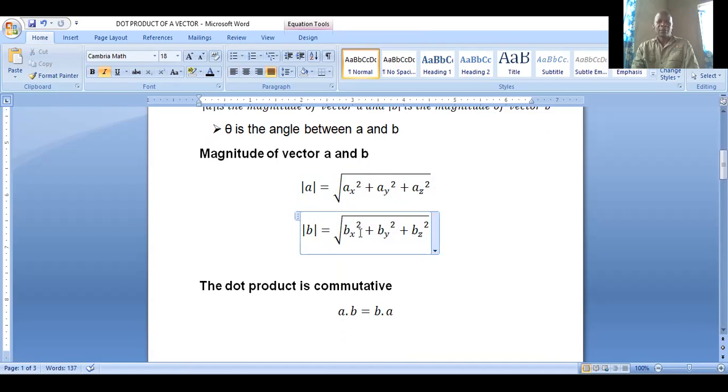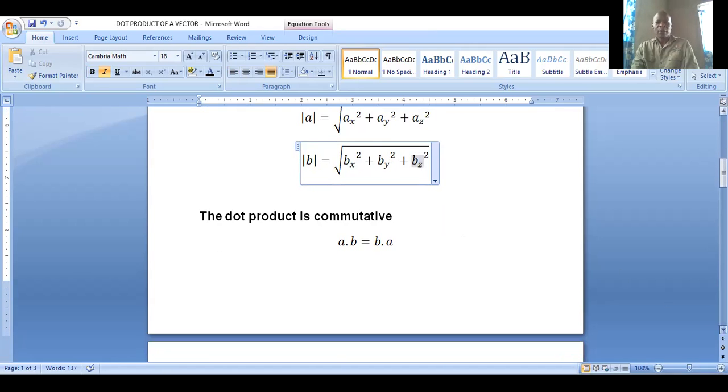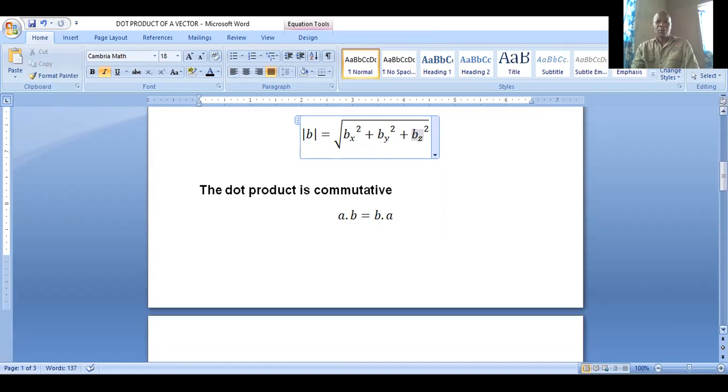Similarly, for the magnitude of B, the X coordinate is squared, the Y coordinate is squared, and the Z coordinate is also squared. The dot product is commutative, meaning that A dot B is the same as B dot A.